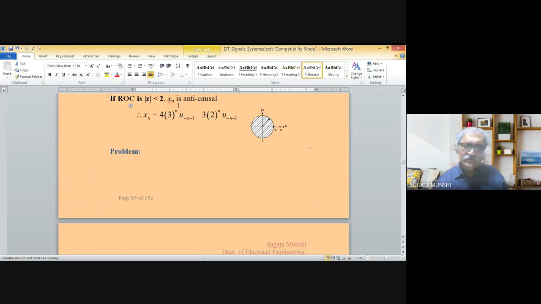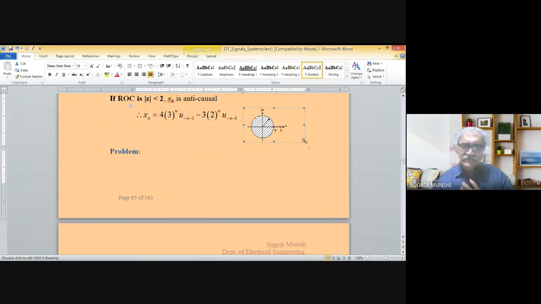Recall, we have obtained an expression earlier of that type. The second term also, on inverse z transformation, should yield an anticausal sequence. So its inverse z transform will be minus 3 to the power n u[minus n minus 1]. This is the situation.